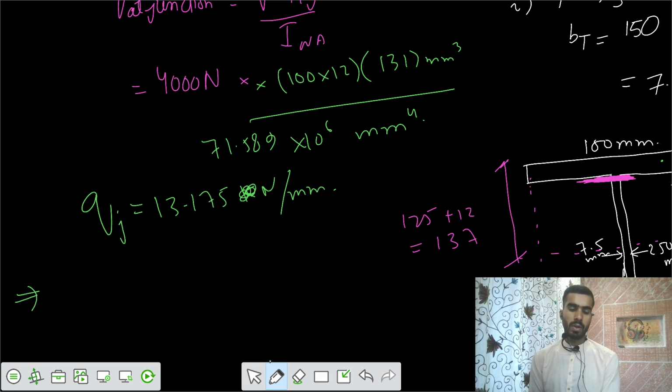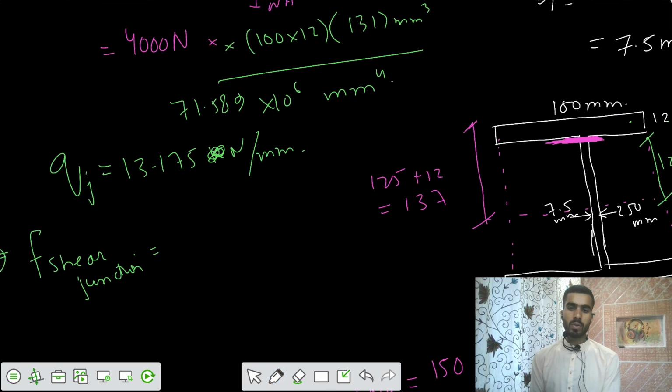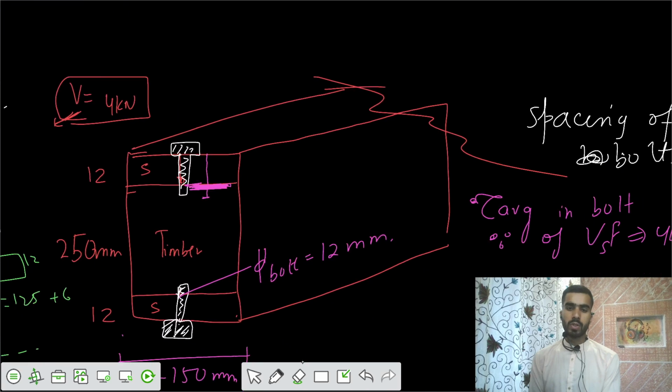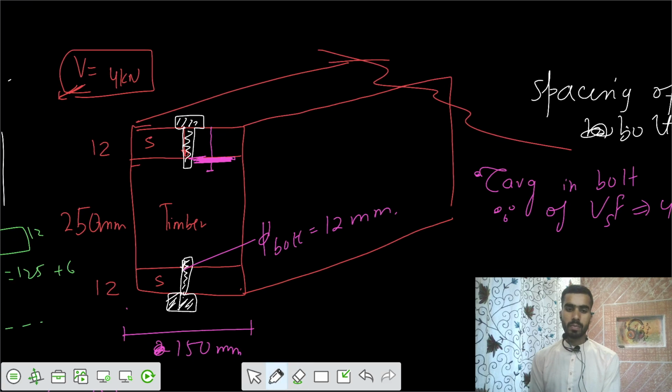So if you want the shear force at that junction, what is the total length between those two bolts, which we call the spacing of bolts? It is saying that after a spacing of 200 mm, there is one more bolt.